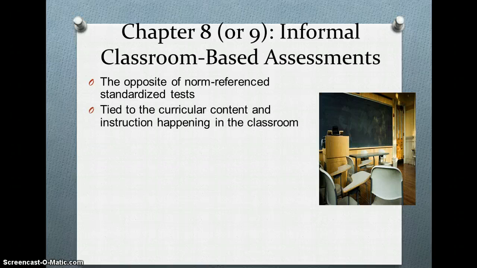They are tied to the curricular content and the instruction happening in the classroom. So these could even be conversations in the classroom, casual ones, where children are explaining their thinking. These can be used as assessment information in a classroom-based assessment.